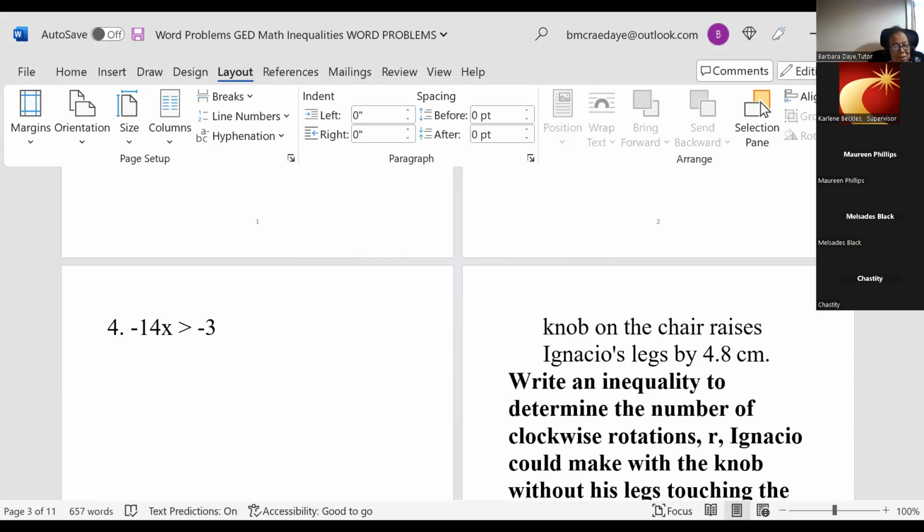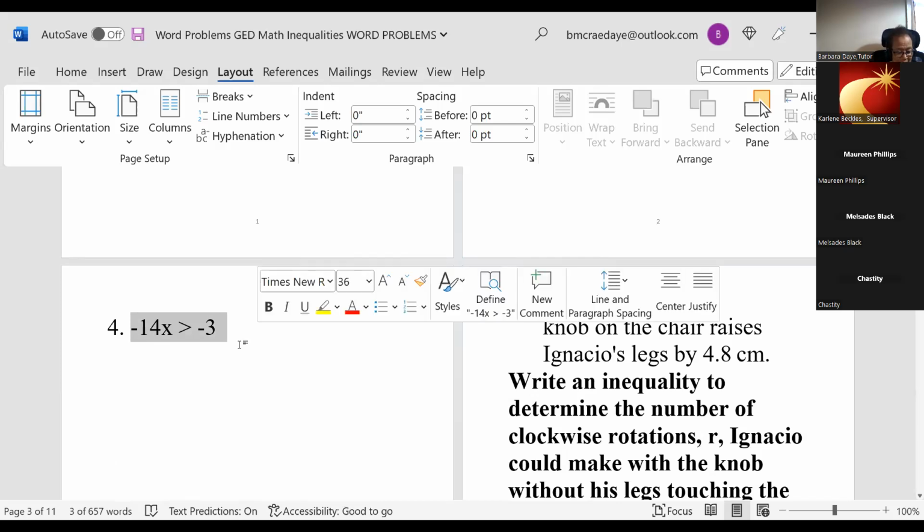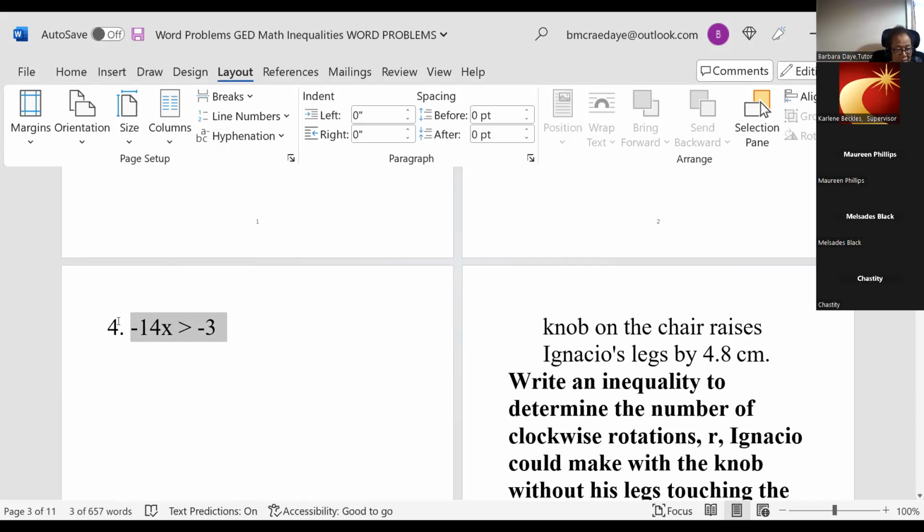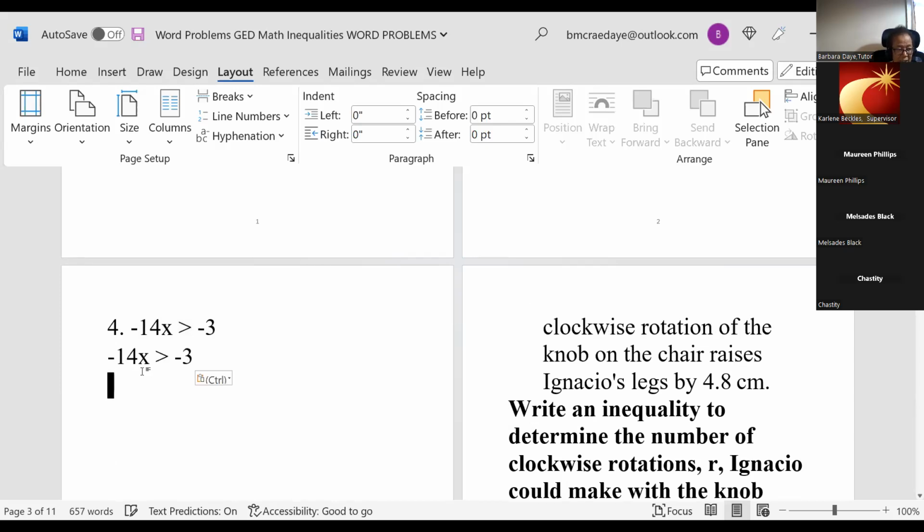Anybody has the answer? Minus 14x greater than negative 3. And you could just leave it as a fraction.